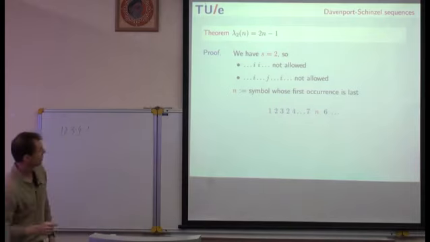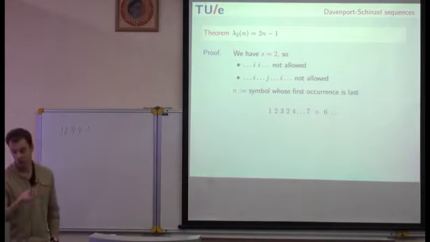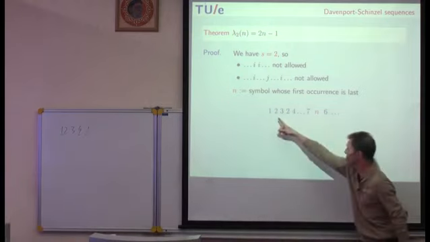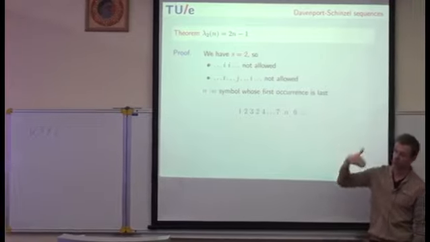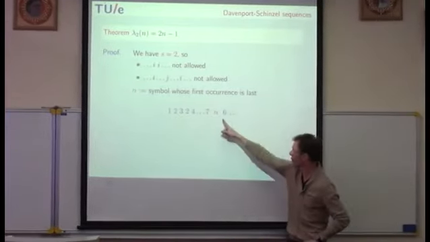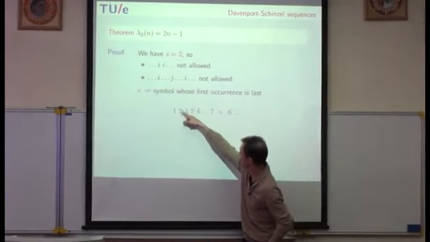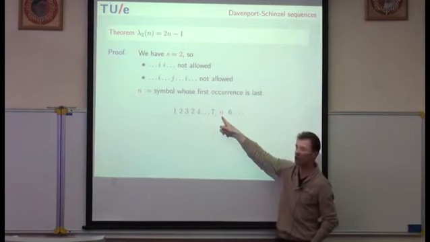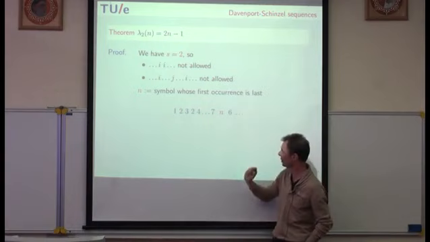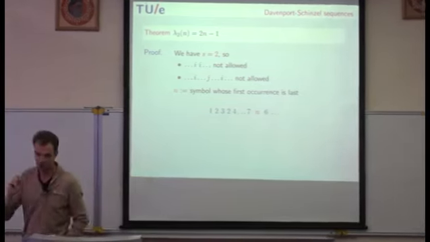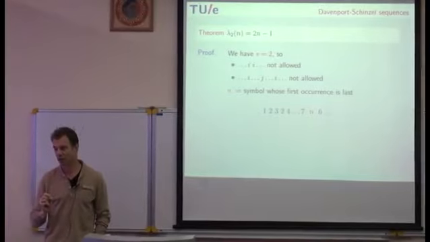Now look at the last symbol, the symbol whose first occurrence is last. Okay, so my symbol n. Here is my symbol n. I have lots of things before, but in here I haven't used n. This is the first time I use n. So I claim that I can never use n again.